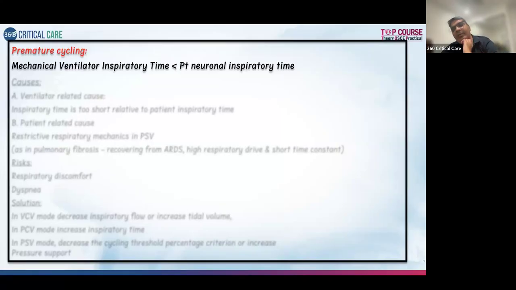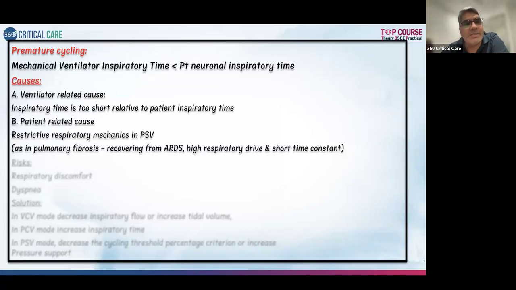So how do you fix it? With premature cycling, usually the mechanical ventilator inspiratory time is less than the patient's neural inspiratory time. Again, the same principle as double triggering. Causes can be ventilator related or patient related. The ventilator related cause is that the inspiratory time is too short relative to the patient's inspiratory time; we have set a shorter time frame, which leads to premature cycling.